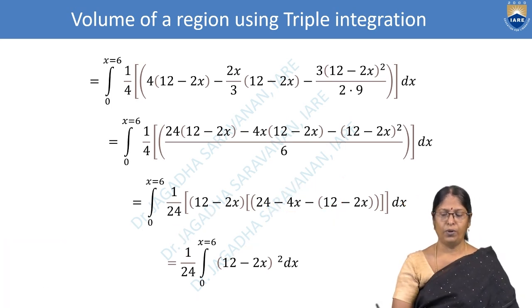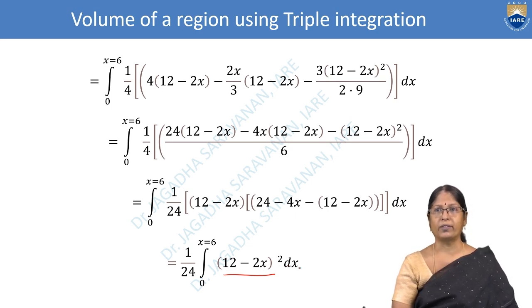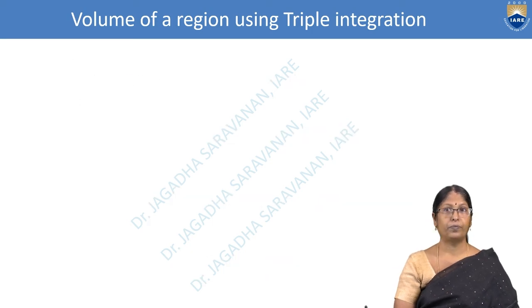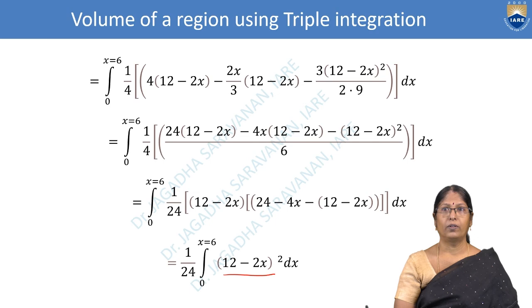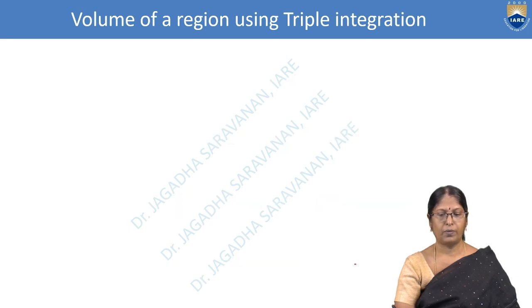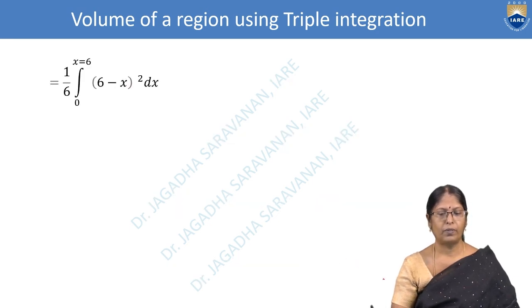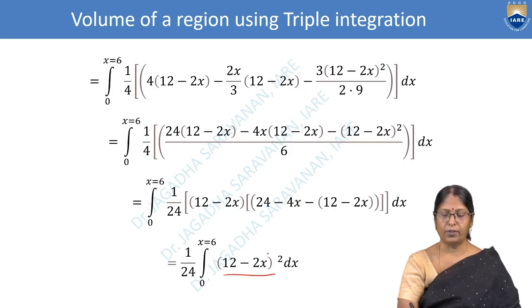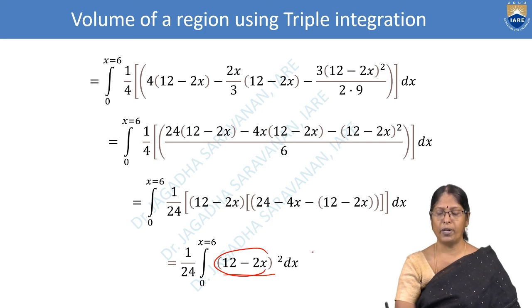Now we will concentrate on the outermost integration, that is 12 minus 2x the whole square. In this term, 2 is common.